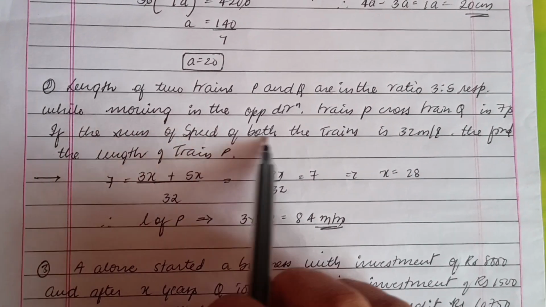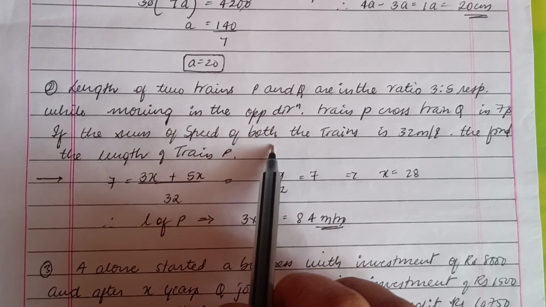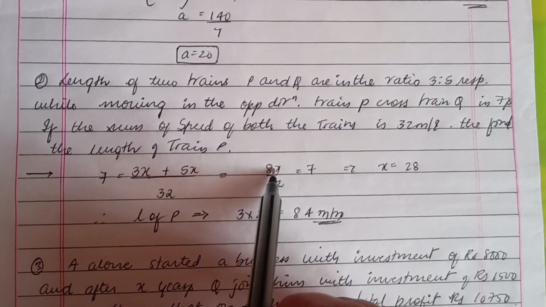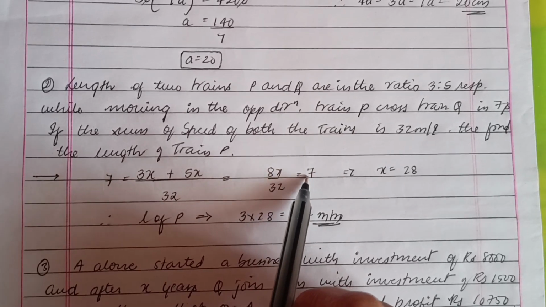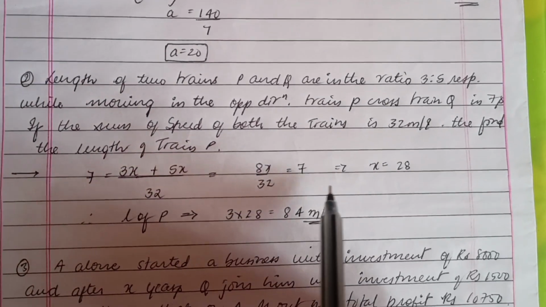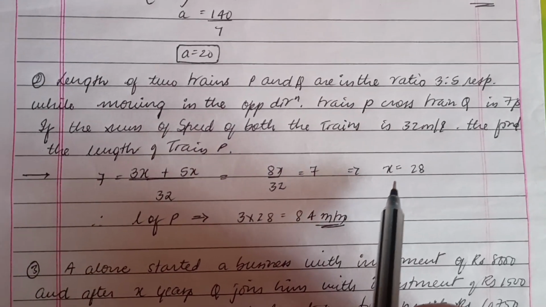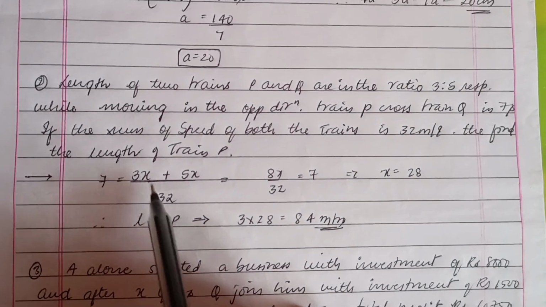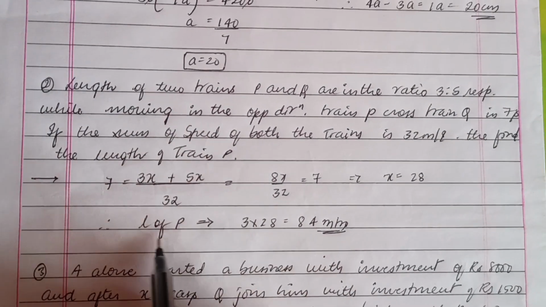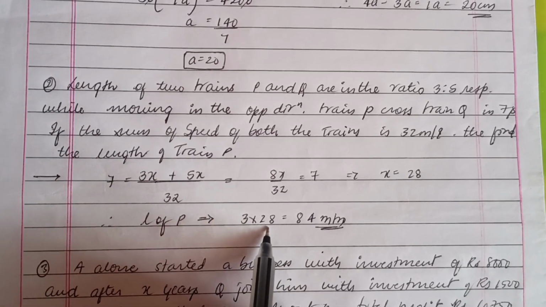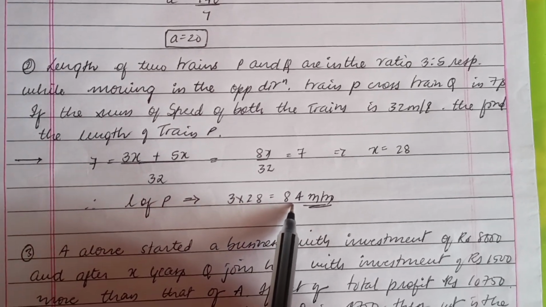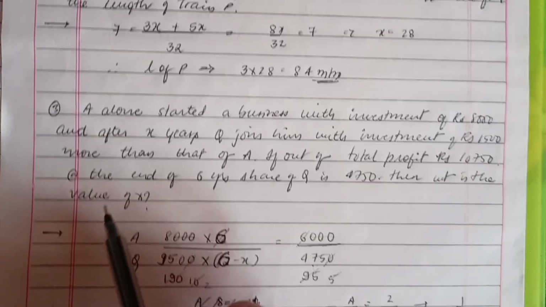As I told earlier, 8x divided by 32 will be equal to the total time, that is 7. Finally we get the value of x as 28, and they asked the length of the train P. So the length of train P will be 3 into x, that is 3 into 28, which is equal to 84 meters.